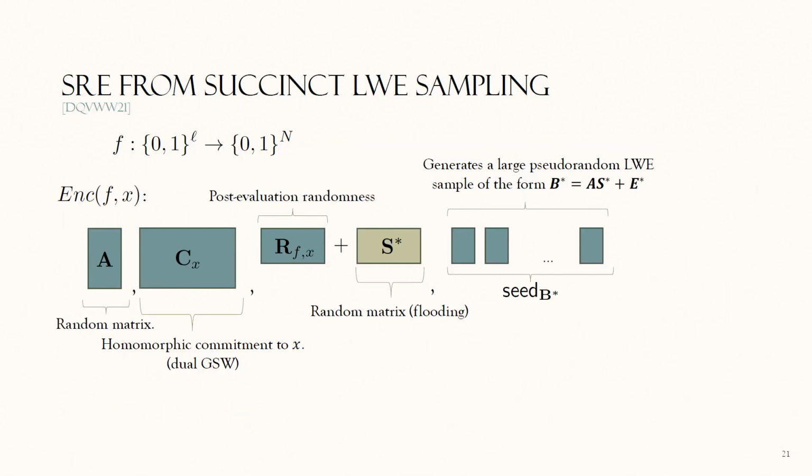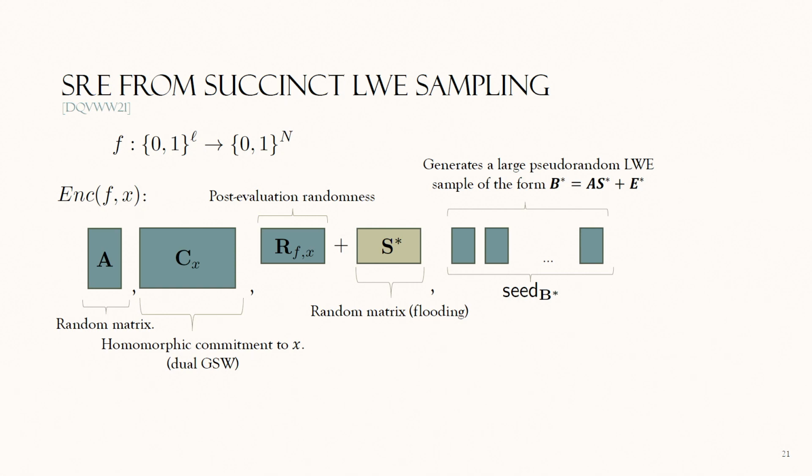And they construct this encoding scheme, and you don't need to know the details here, but I'm just going to highlight one part of this encoding scheme. So this encoding scheme takes the description of f, an input x, draws a random matrix A, produces a homomorphic commitment to x using this. It's actually a pseudo-random matrix A, but I'm going to gloss over this fact.